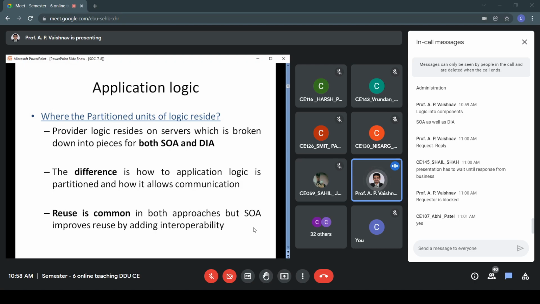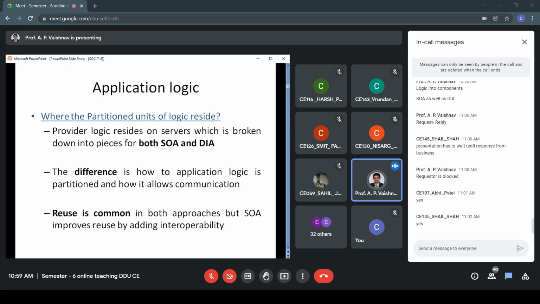In other words, is WCF service interoperable? You must have seen a table where Sir might have shown you that some bindings are interoperable bindings. Have you seen that concept? Interoperable means you can communicate with different platforms, right? So that is the main feature of SOA, while that is not usually possible in case of distributed architecture.